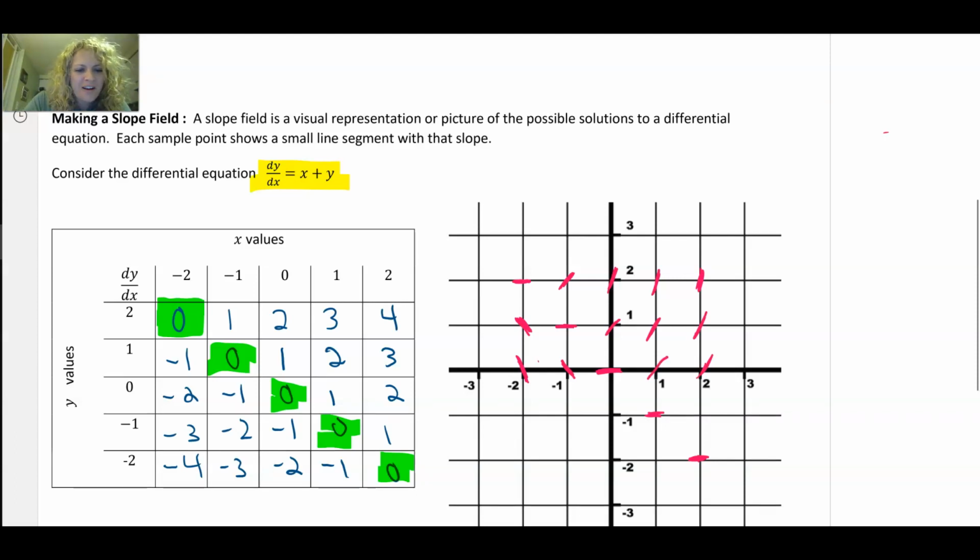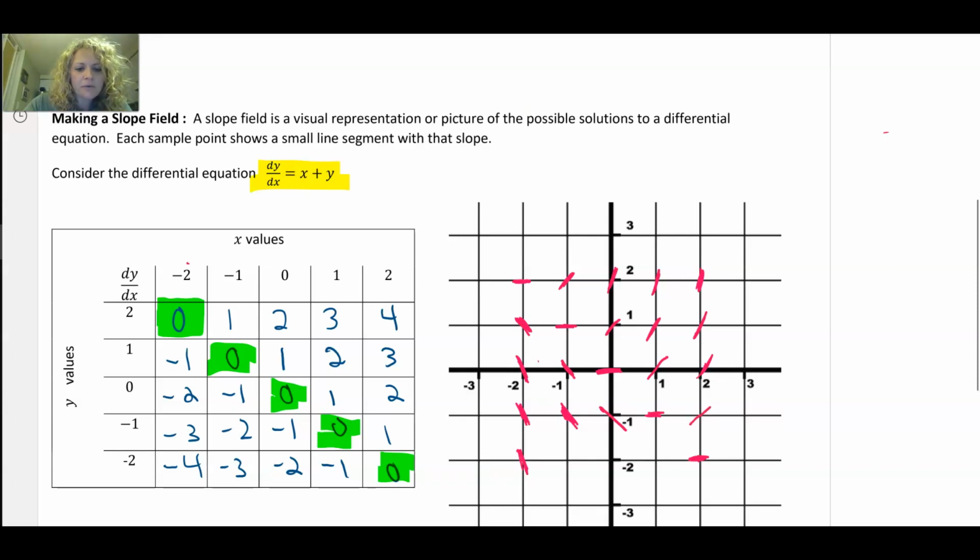All right, two more. At the point -2, -1, that's going to be steeper. In fact, I'm just going to go ahead and do the one below it to make sure that I get an even steeper line. So at -2, -1, that little line segment is going to have a steep slope of -3, then a little less steep over here, a -2, then less steep over here, a -1, then our 0, then our +1.